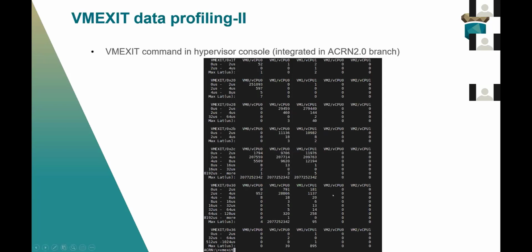For the housekeeping core, maybe we don't need to care about that too much, because I just took an example and did not catch too much data. You can check it if you need the VM exit information.